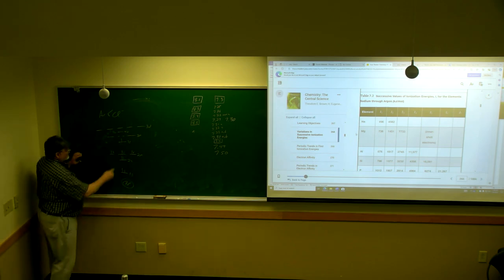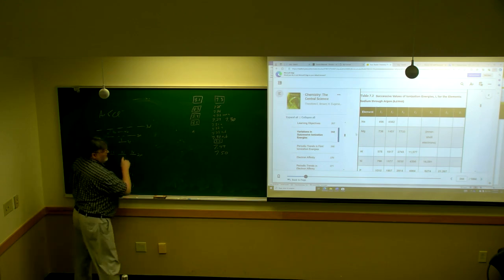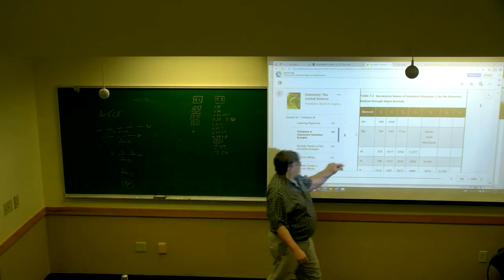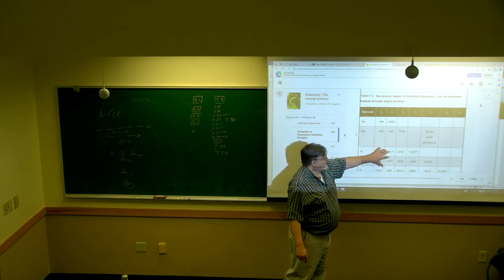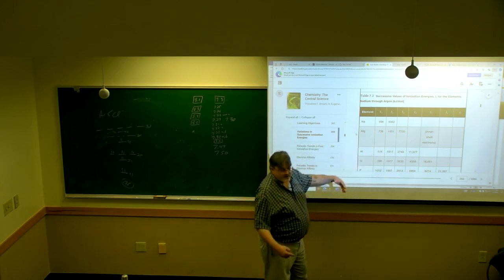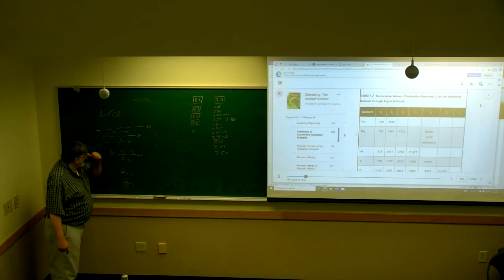Okay, so there's sodium. If I want to pull this electron off, this chart is telling you 496. If I wanted specific numbers, I would give you these on a test, but I don't think I'll give you these. It's a general trend, just like the other chart. It's a general trend to know.